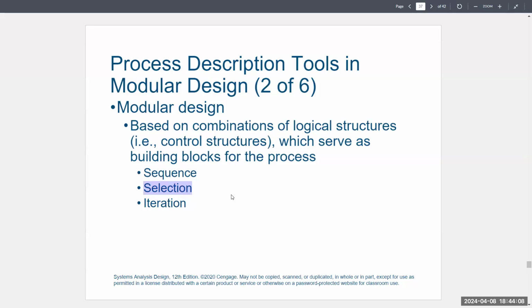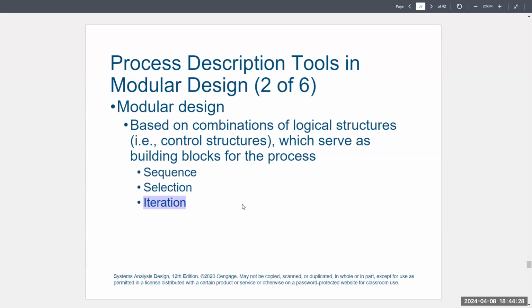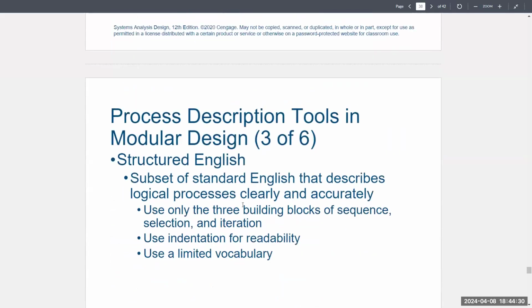If you have done programming, it's the if-then-else type of thing going on. Then iteration is nothing but executing the same step several times, the for-next loop in programming. So structured English has been used for a long time, right?